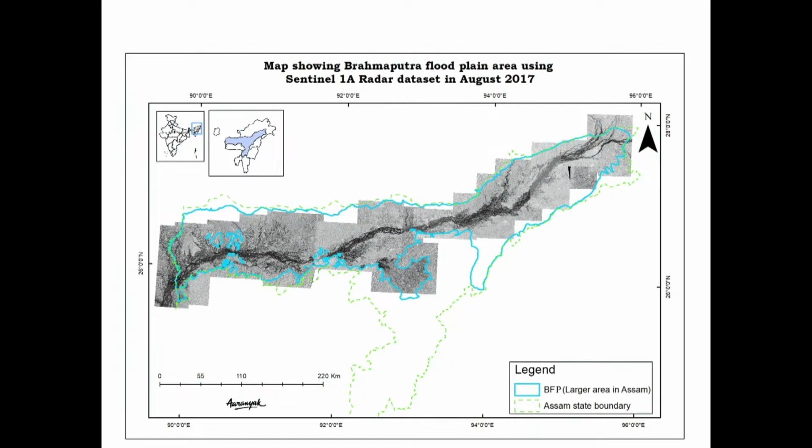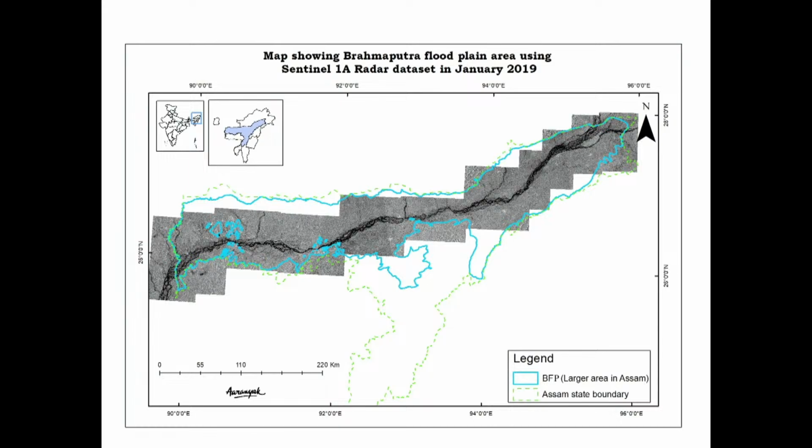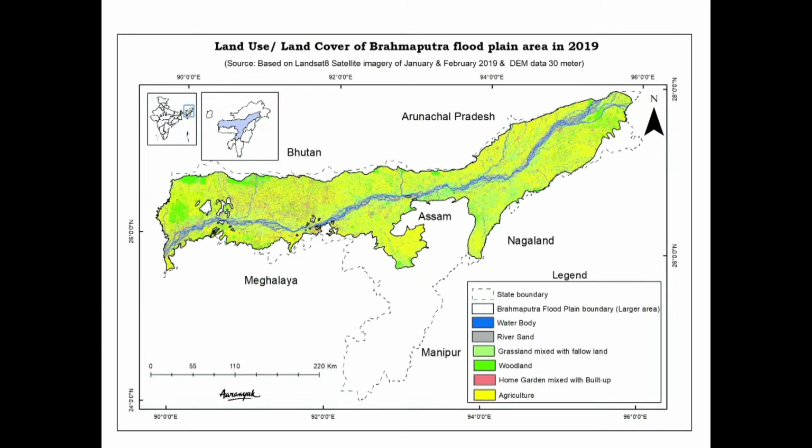So if we mosaic or stitch all the tiles of the satellite image, then we can do the analysis for the entire Brahmaputra floodplain in Assam. Okay, so land use and land cover, I think this one is covered, no? Yes? Okay.